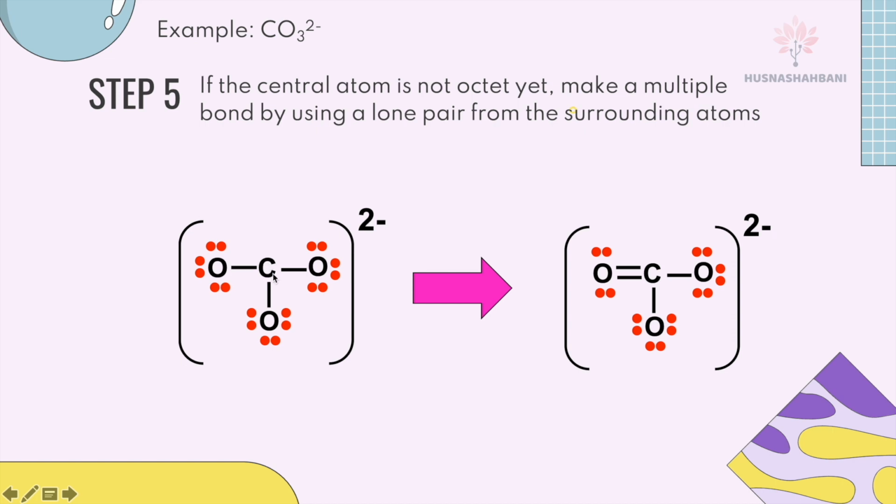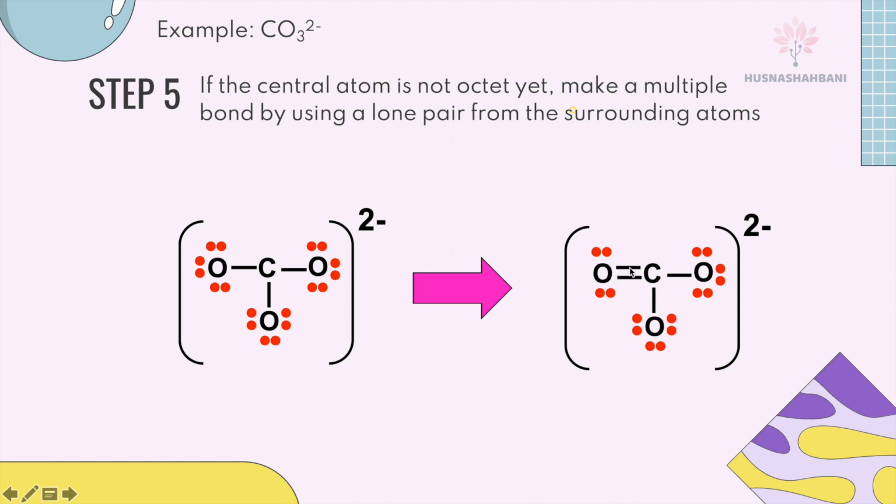So if your central atom is not octet yet, use a lone pair at the surrounding atom as a bonding pair. For example, we use these 2 electrons to make a bond, and it will become like this.